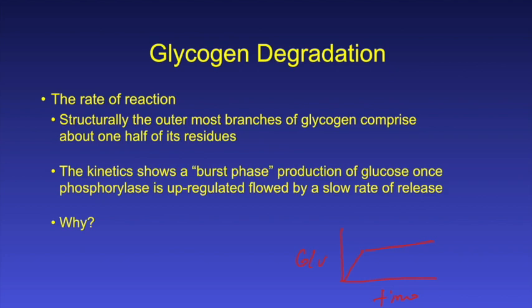It bursts a lot of starting material for breakdown for glucose, but the rate-limiting step also allows a much slower release over time so that you don't overuse all of your fast energy sources, because the burst is going to really overwhelm how fast you can break it down. It's going to give plenty of glucose that can be broken down, and then later we can access your stores at a much slower rate so that you can go longer and really get away from the lion.